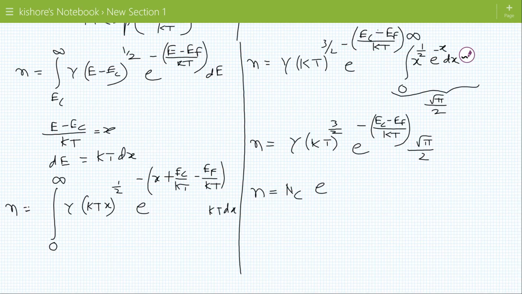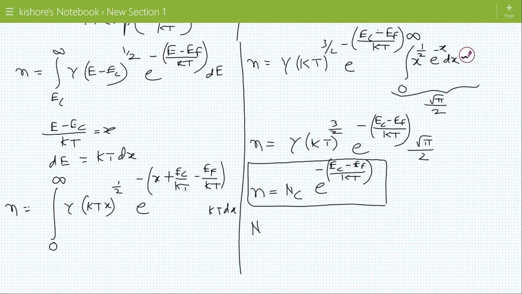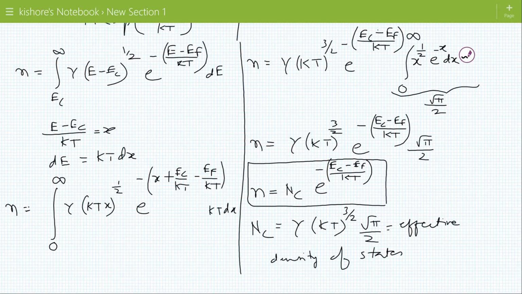So the expression for n is Nc e to the power minus (EC minus EF) by kT, where Nc is gamma (kT) to the power 3 by 2 root pi by 2. It is called effective density of states in conduction band.